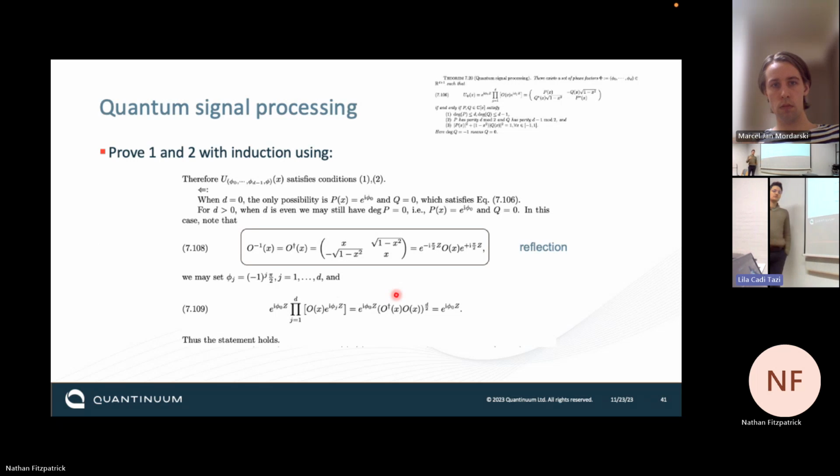For D equals 0, 2, 4, whatever, you can have this true, which means now I have one infinite sequence where it's always true. And then we're going to show that whenever D plus 1 is true, it implies D is true. And that is equivalent to induction.